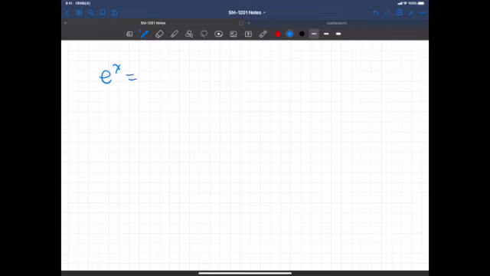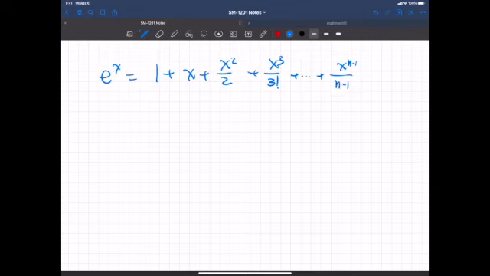The exponential of x can be written as 1 plus x plus x squared over 2 plus x cubed over 3 factorial, and so on, and x to the power of n minus 1 over n minus 1 factorial, and e to the power of theta x times x to the power of n over n factorial.